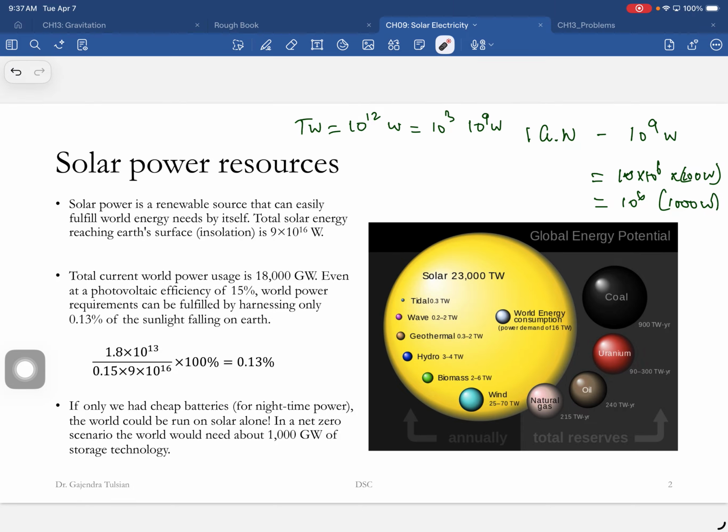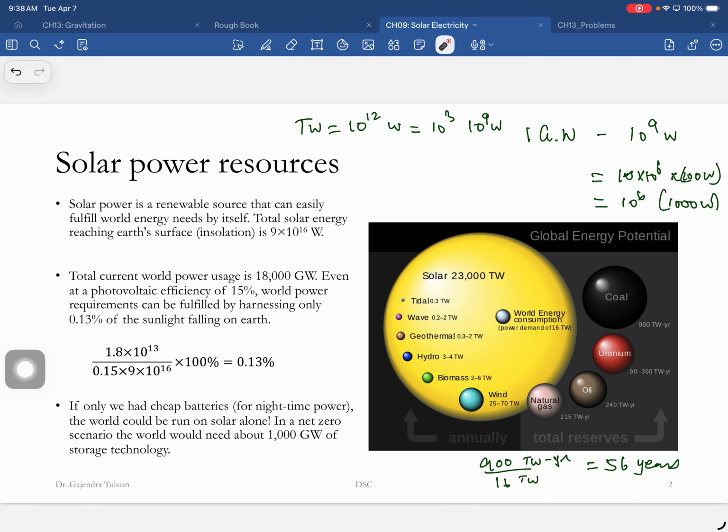So 900 terawatt years divided by 16 terawatts is 56 years.